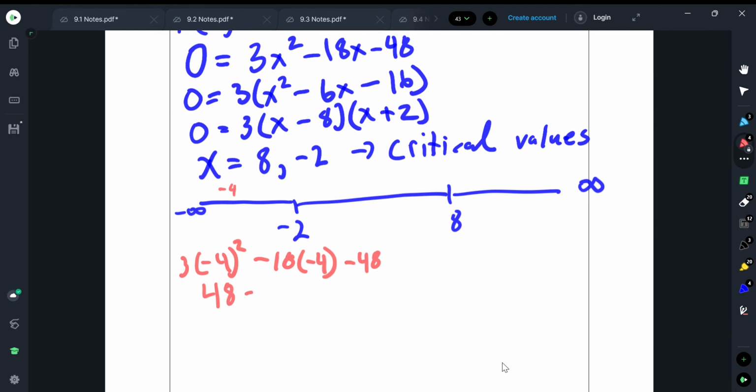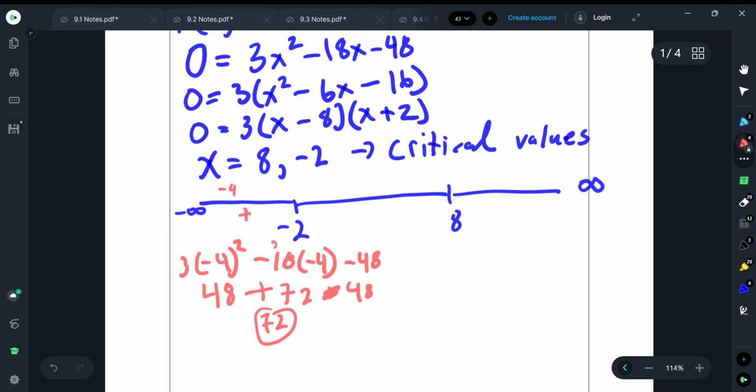That is going to be 432. So negative and a negative make a positive. Minus this here. These cancel out, so you know the answer is 2. But we don't really care about that number. We look at the sign, so this is increasing.